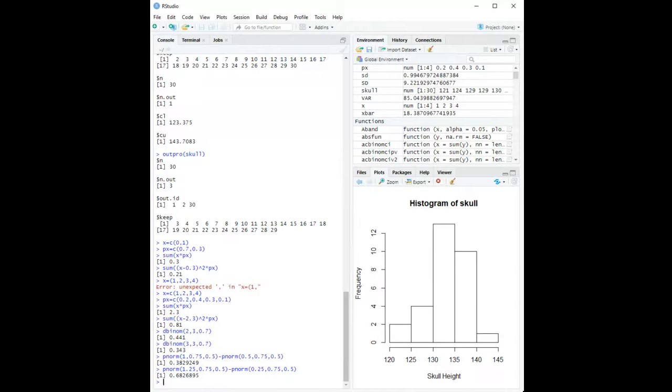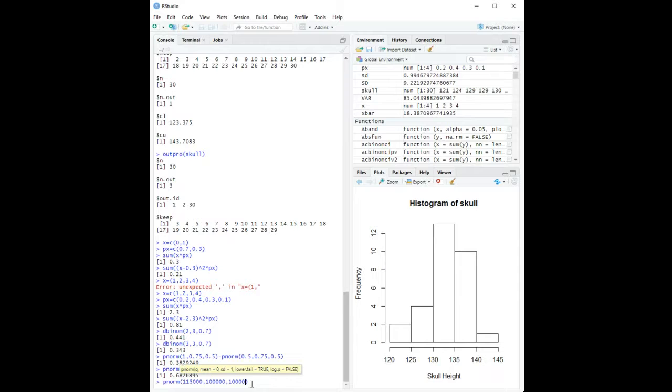So for this one, again, we're using that P norm. Now you want to know between 115,000. They give you the mean of 100,000, and the standard deviation is 10,000.